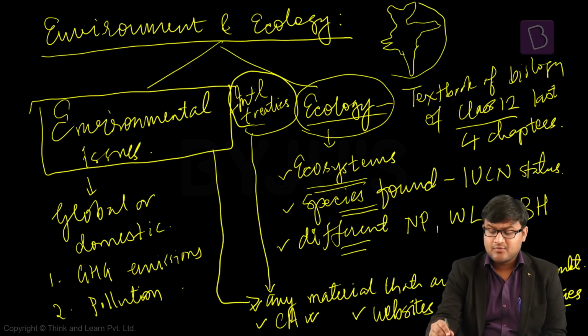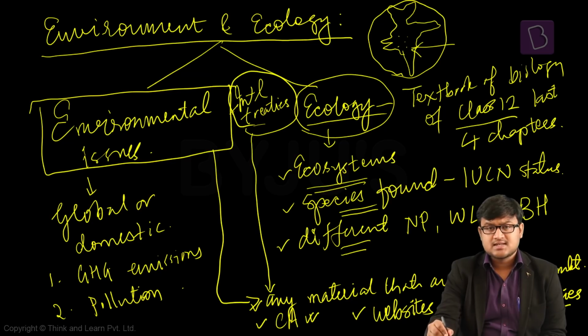So you make a map of India and denote where are the different biological hotspots or national parks that are located in different states of the country. What species can you find in each of these national parks and wildlife sanctuaries? This is because the picture can remain in your mind for much longer time than remembering stuff without drawing maps.